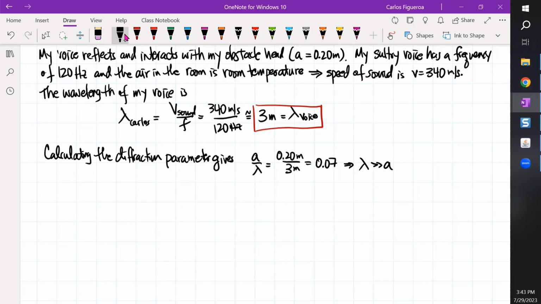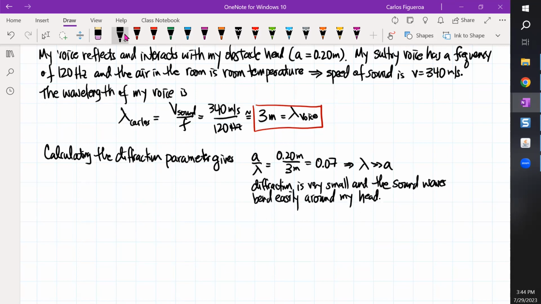So what this tells me here is that the diffraction is very small, and the sound waves bend easily around my head.